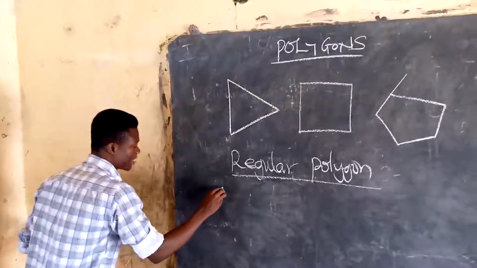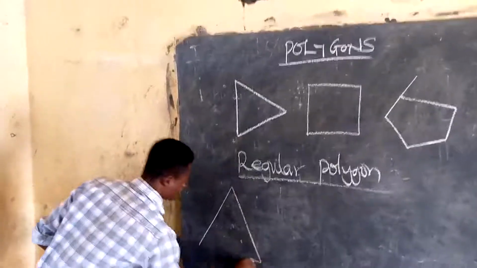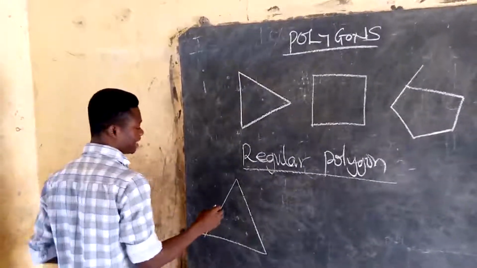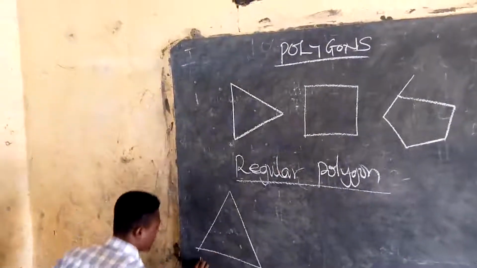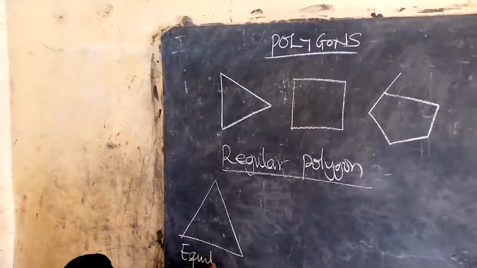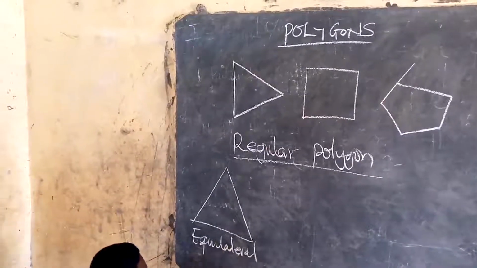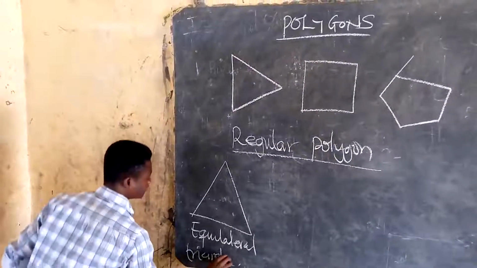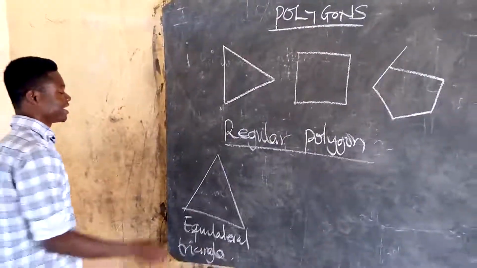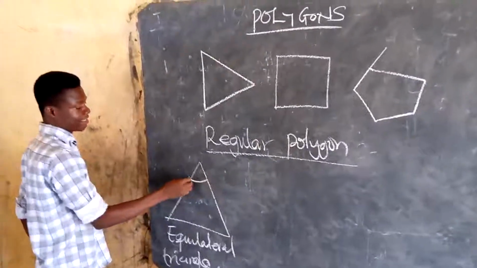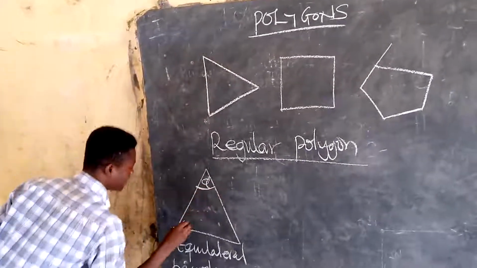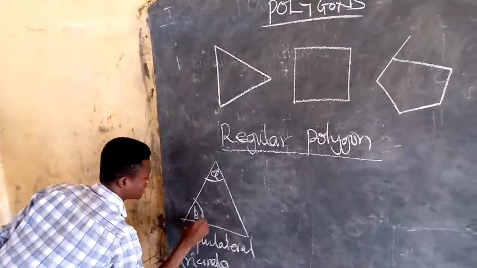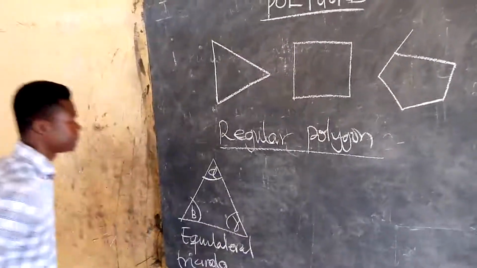Let's take example 1. This is an equilateral triangle. Let's say this is angle alpha, angle beta, and angle gamma here.